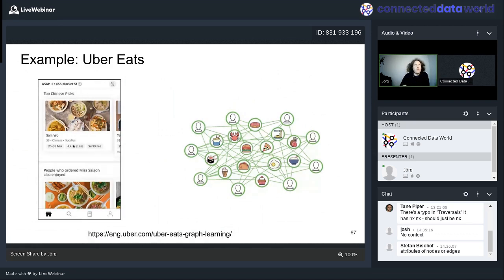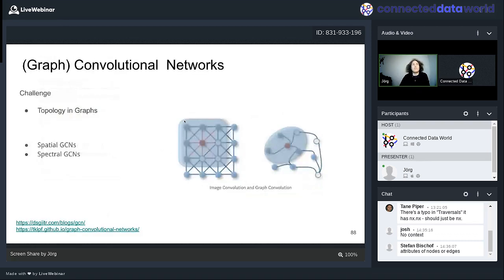So the graph for Uber Eats is not just a bipartite graph of users and dishes or products like we saw earlier with movies. It actually is a tripartite graph where we have users, restaurants, and then dishes. And this is what they want to predict: which restaurant you might want to order from, or which dish you might even want to order. So they train a graph neural network for that, and this is the GraphSage model we'll see in the upcoming slide.